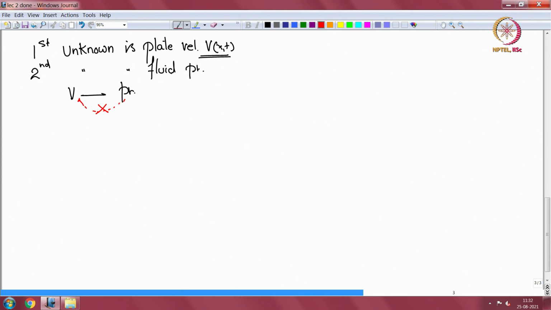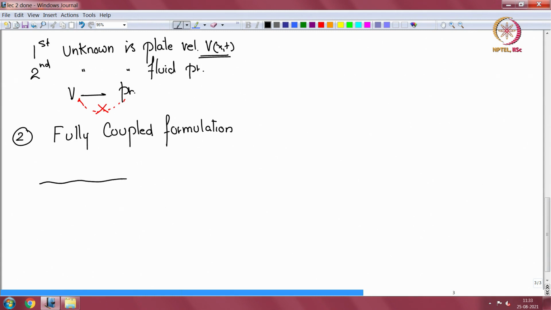In contrast, we have number 2, the fully coupled formulation, or two-way coupled. What is that?